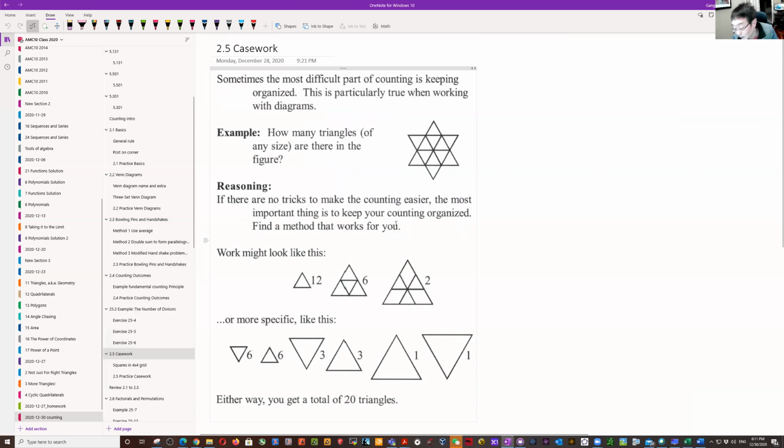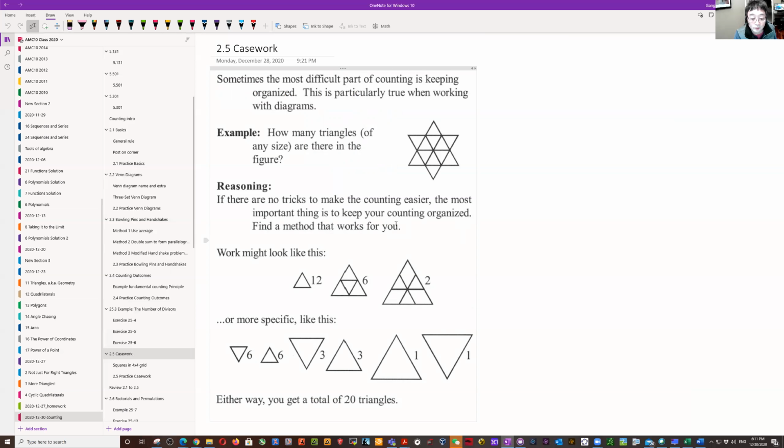Then in counting, we emphasize casework fairly much, because in a lot of counting problems, you have to break things apart. Like this problem: how many triangles of any size are there in this figure?